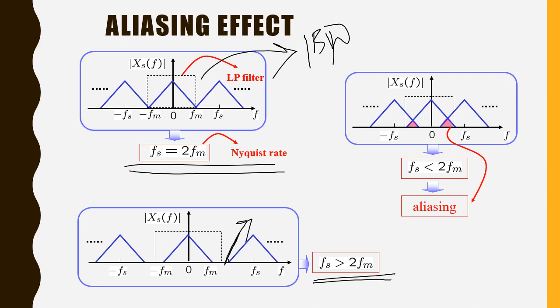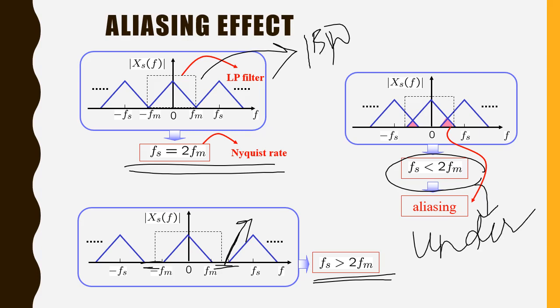Even in this case we can reconstruct the original message signal, but it is a wastage of bandwidth, or of frequency. When fs is less than twice fm, we call it undersampling. In undersampling we have seen the effects of aliasing, that is, we cannot distinguish between two consecutive signals.